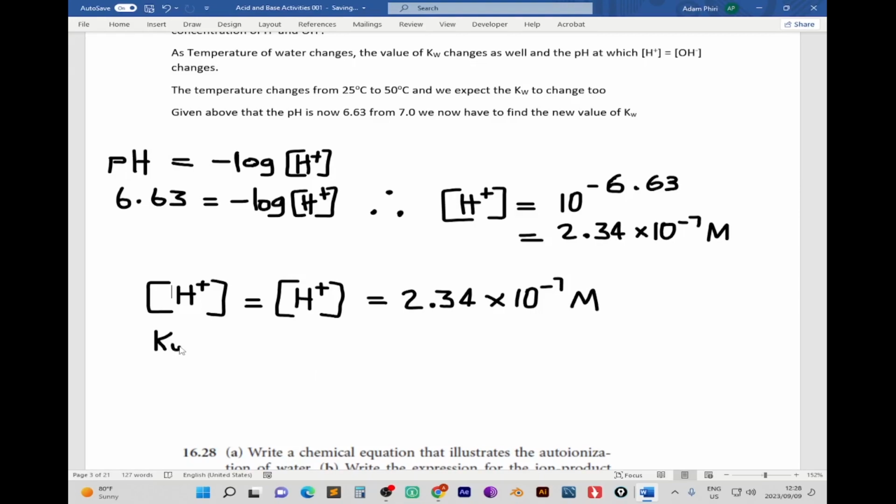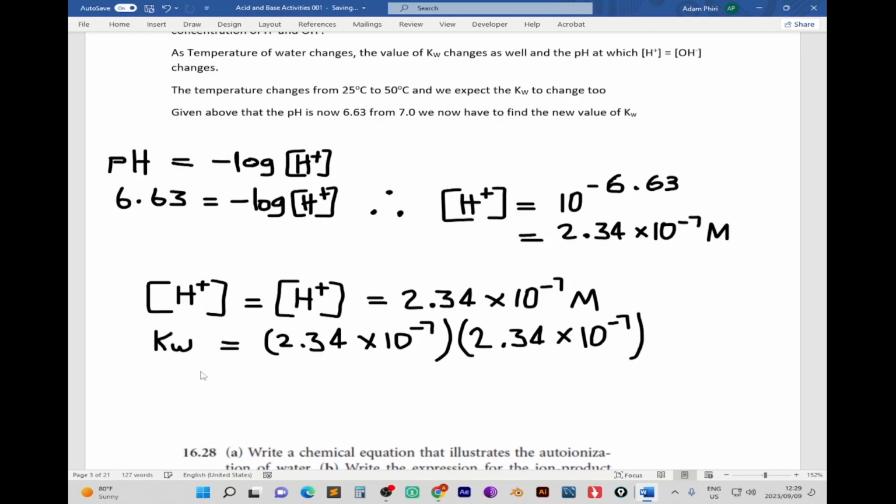What has actually happened is the Kw there. One of the equations up there should be hydroxide, and remember that hydroxide and hydrogen concentration are actually the same here.